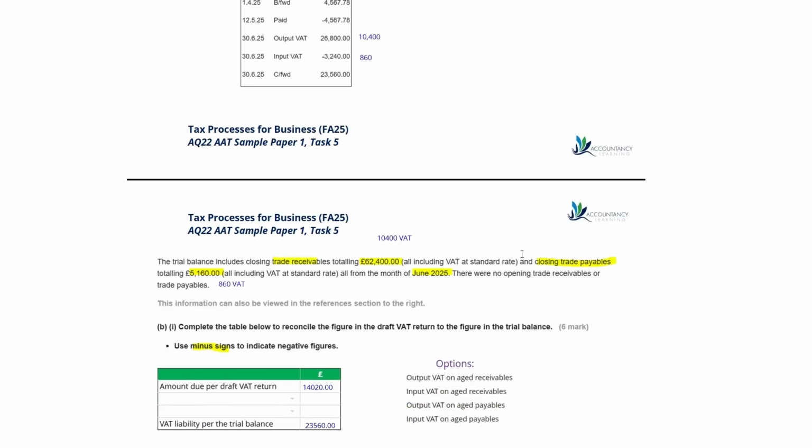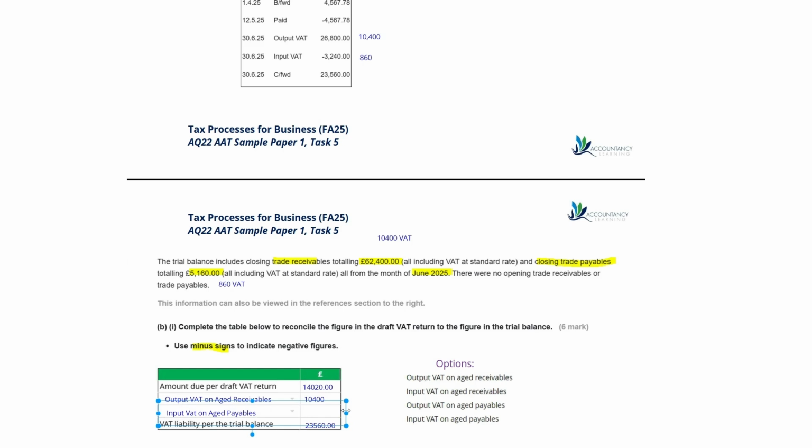So in our boxes then, we're going to have output VAT on aged receivables. And we're going to put in there our 10,400. And we're going to have input VAT on aged payables.